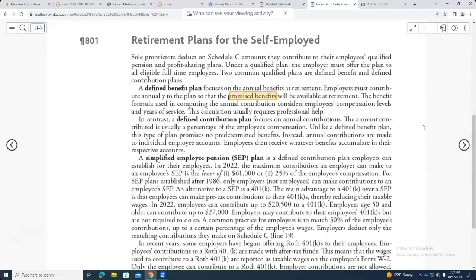Defined benefit plan means your benefit is already defined, and they have to give you that benefit no matter what, which means it's a really good plan. If you work somewhere that has promised benefit to you, that's a place to work.